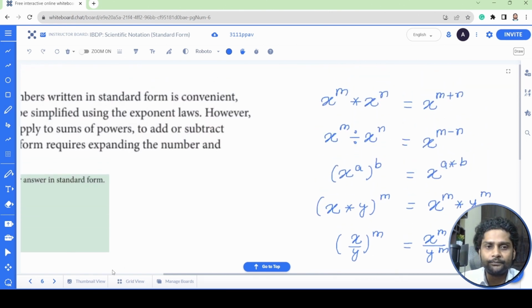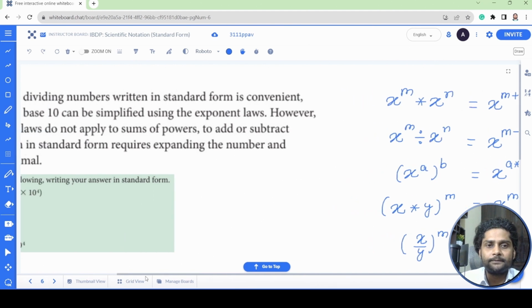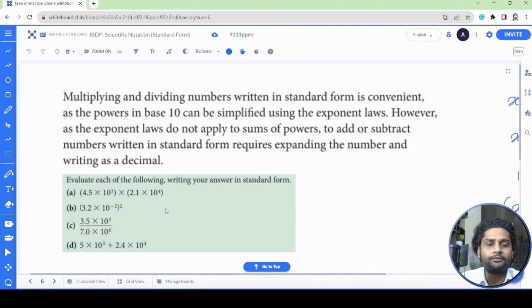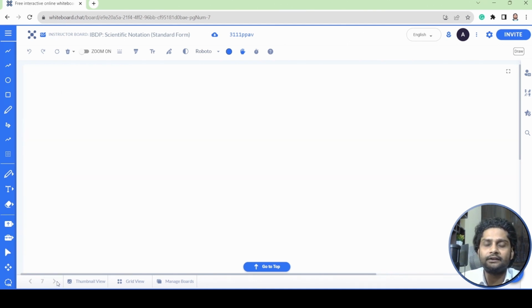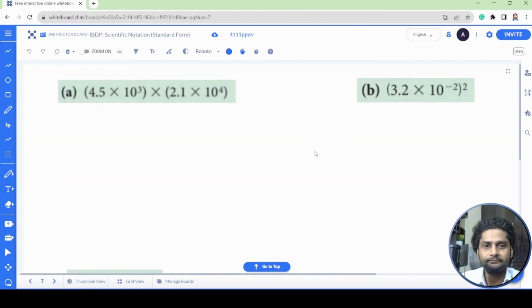We can continue with the examples where we have to perform operations between two or more numbers which are already in the scientific notation. Let's begin with the first question. Every term is in multiplication, students.